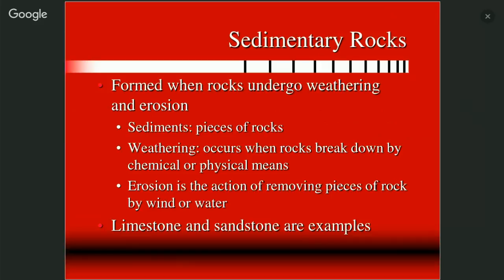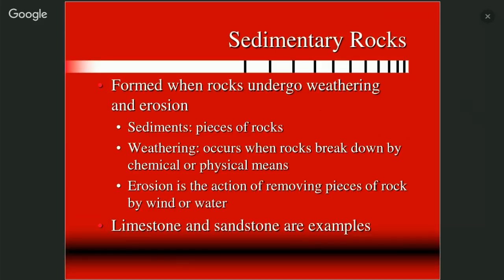So these rocks undergo weathering and erosion to create these sediments, or pieces of rock. Weathering is when rocks break down by chemical or physical means. It could be by wind or sunlight, or people walking over a sidewalk where it starts to crumble.